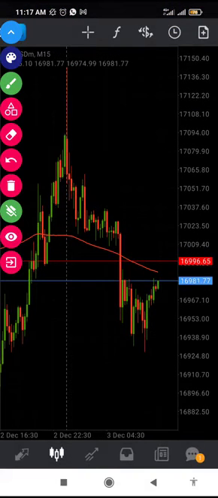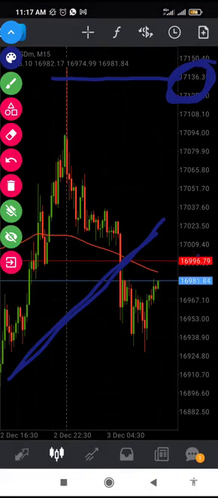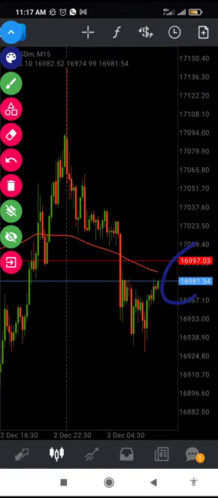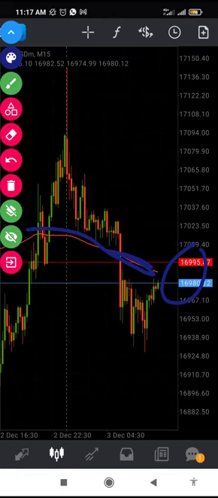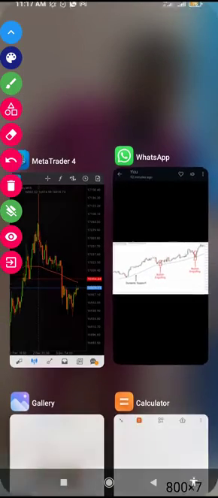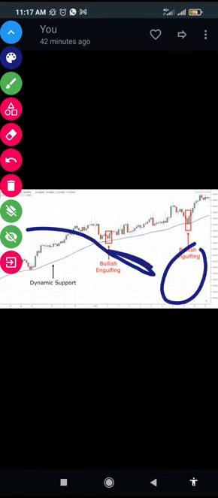Here you can see that price is below it, so this one is a downtrend. That is how you know whether we are having an uptrend or a downtrend. But for this example, we are having an uptrend because price is above this moving average.